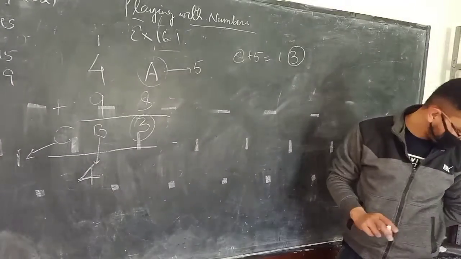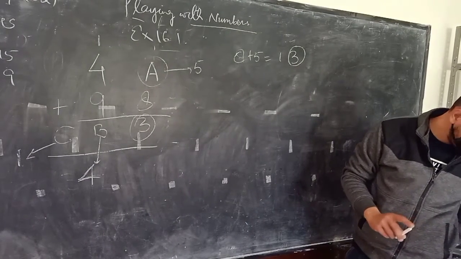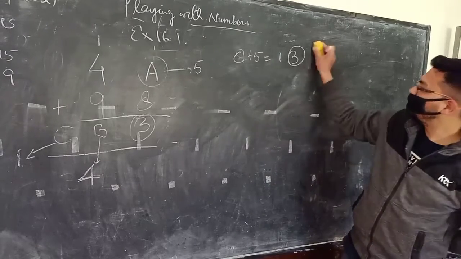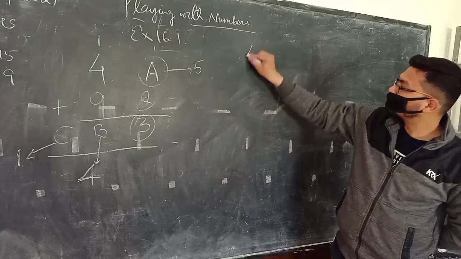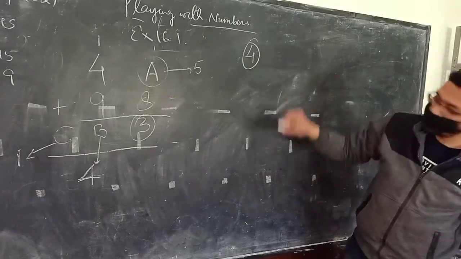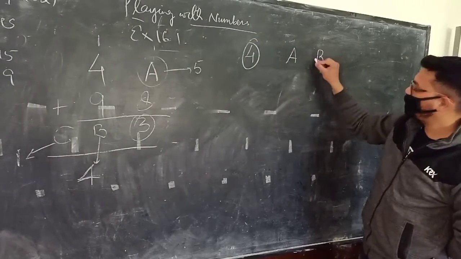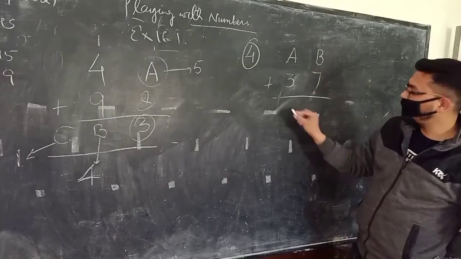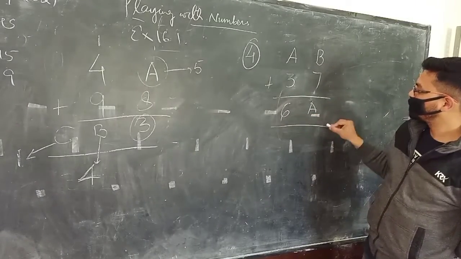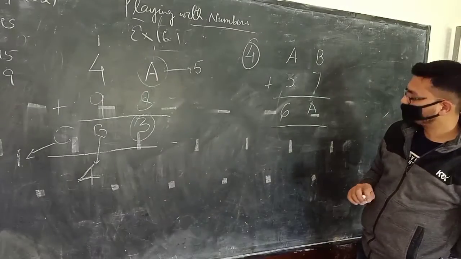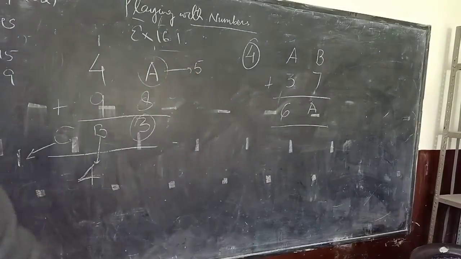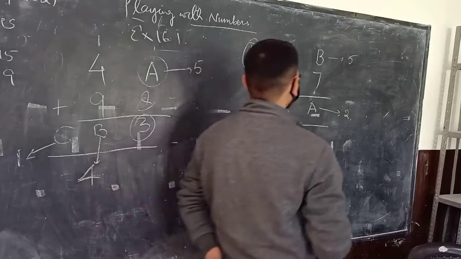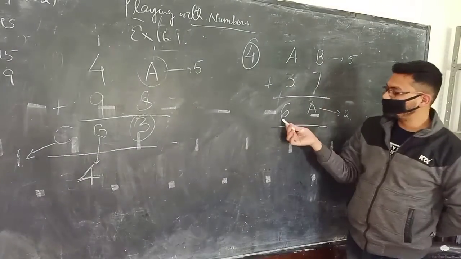Note it down fast. Then the fourth question is AB plus 37 will give you 6A, right?